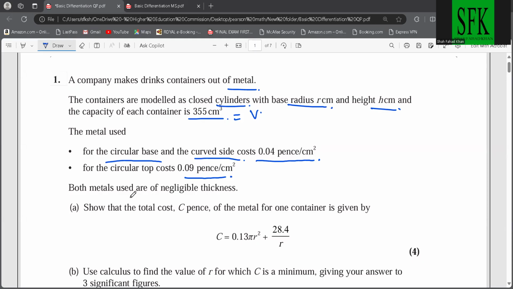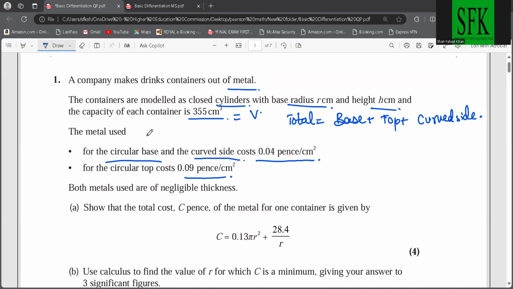Show that the total cost C pence of the metal for one container is given by this equation. Now remember one thing, total cost is going to be the cost of the base plus the top plus the curved side. Do we know about the base?